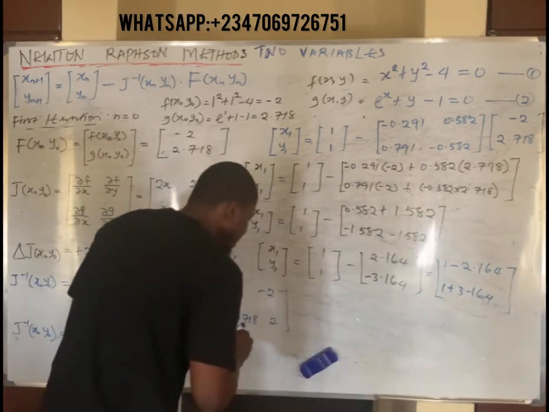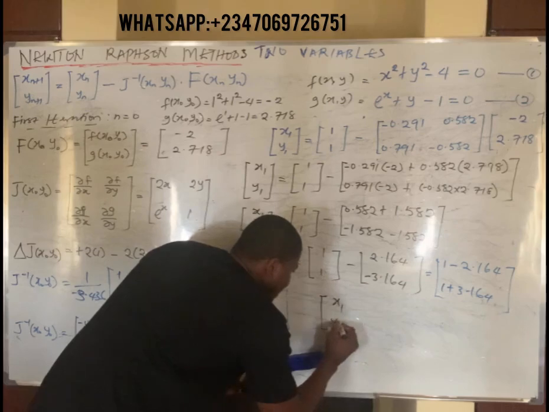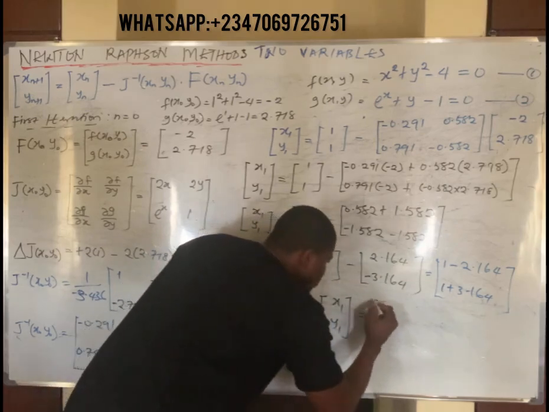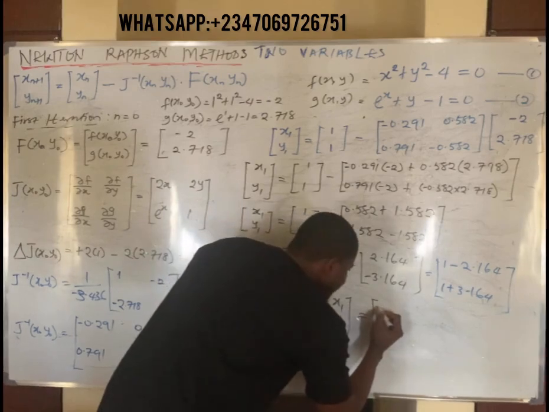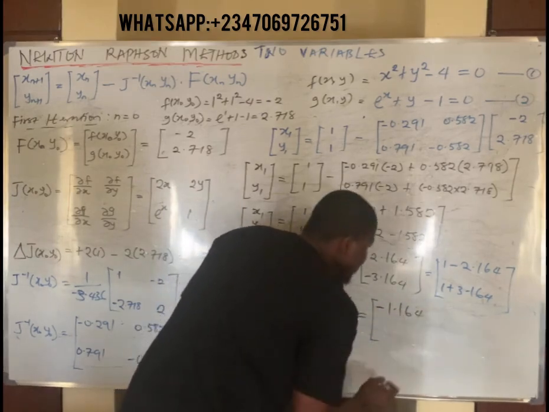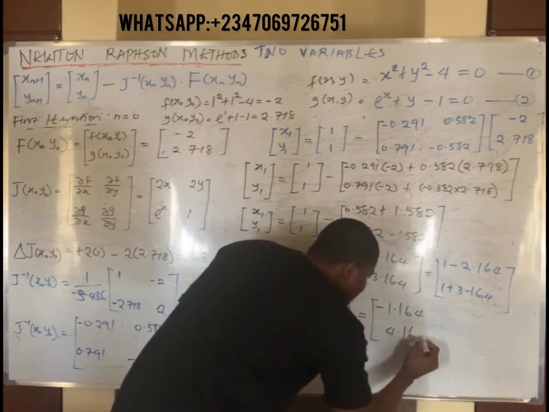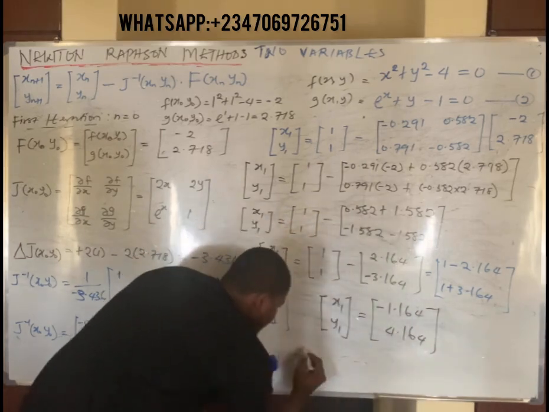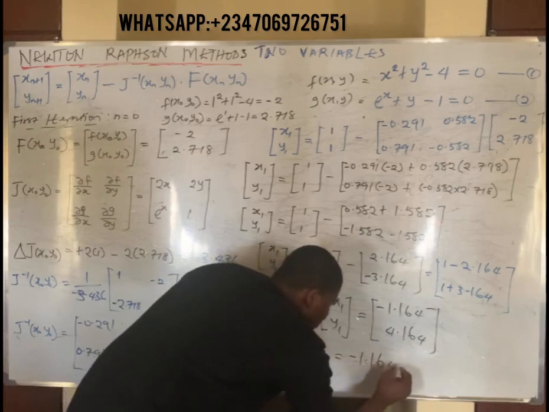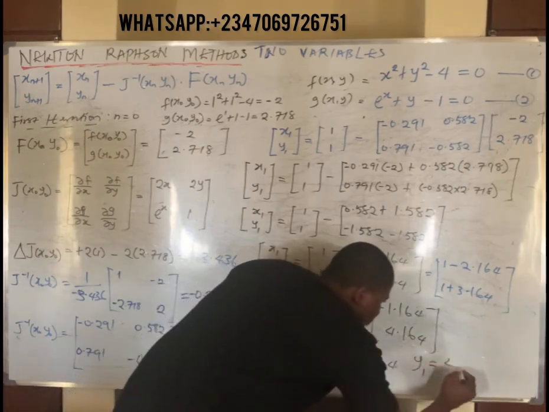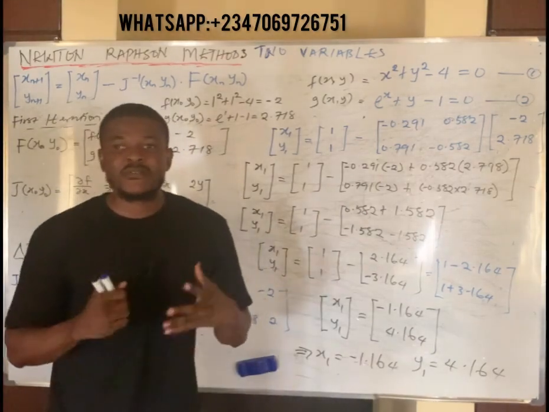So the first iterative values for x1 and y1: 1 minus 2.164 gives us negative 1.164, and 1 plus 3.164 gives us 4.164. So this implies that x1 equals minus 1.164 and y1 equals 4.164.